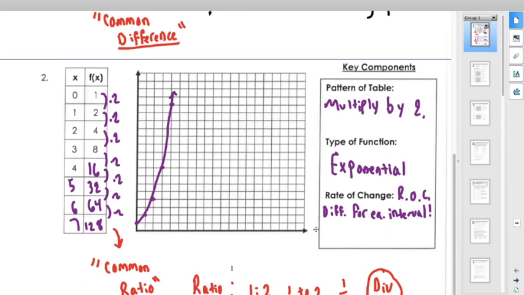For example, let's say we're looking at between x equals 0 and x equals 1. Well, the rate of change here was just 1. It was positive 1. We went from 1 to 2, so the rate of change was 1 over 1. Now let's look at when x equals 2 to x equals 3.